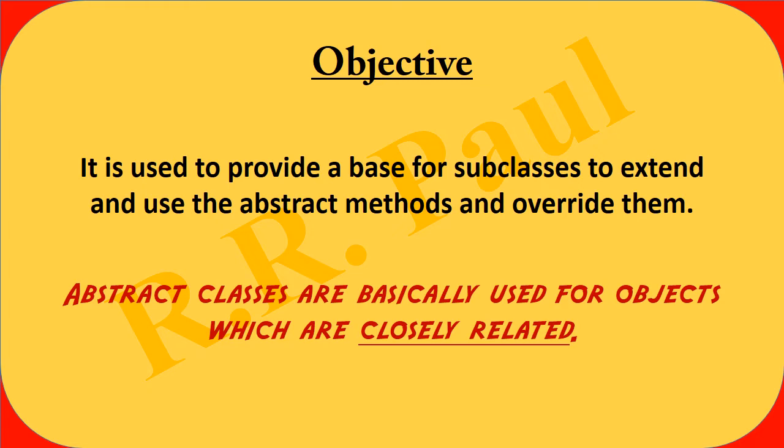So in all its subclasses, we can define these functions in the way each class uses it. It means that abstract classes are basically used for objects which are closely related and share the common properties.